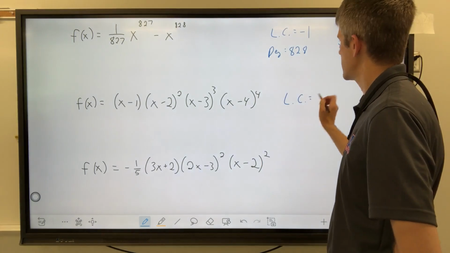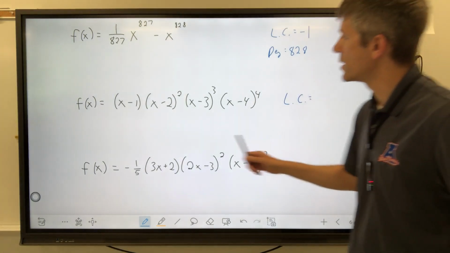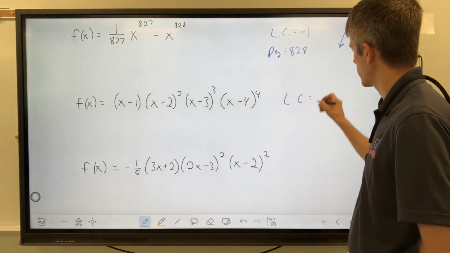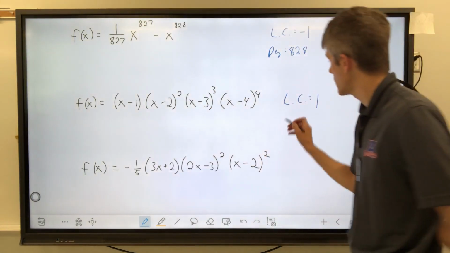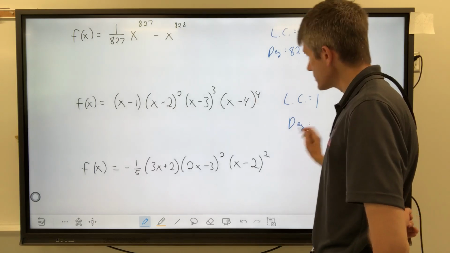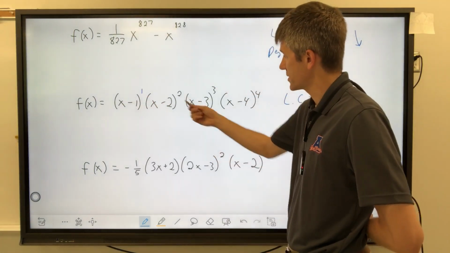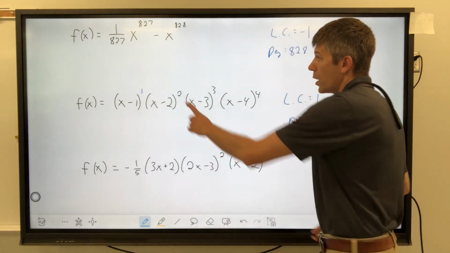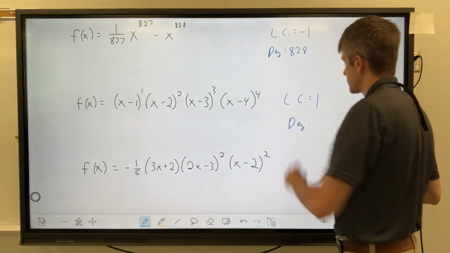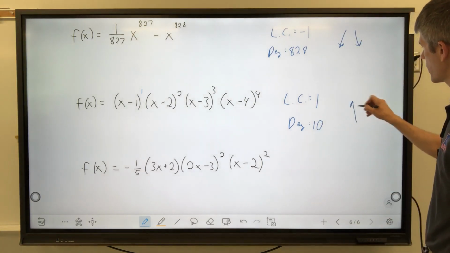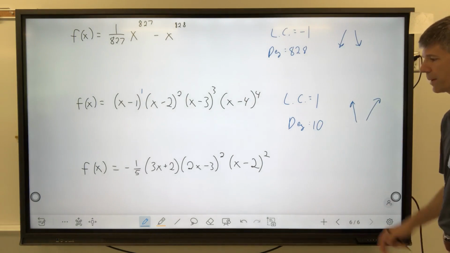Leading coefficient in this case, I hope you're trying these on your own, is 1 times 1 squared times 1 cubed times 1 to the 4th. I think that's a 1, right? The degree is 1, x to the first, x to the second, x to the third, x to the 4th. 1 plus 2 plus 3 plus 4, that's 10. Even degree, positive leading coefficient, up, up.